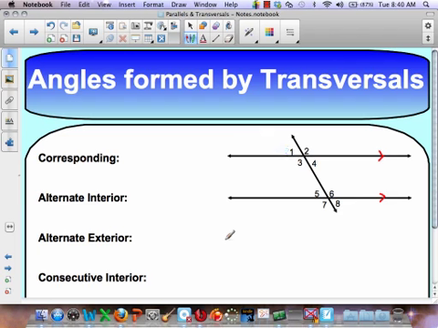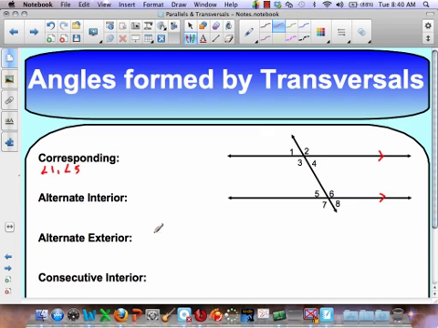And we're looking right here at angle 1. What kind of matches number 1? 5. Very good. So your corresponding angles are going to be in the same general location. An example of that would be angle 1 matched with angle 5.